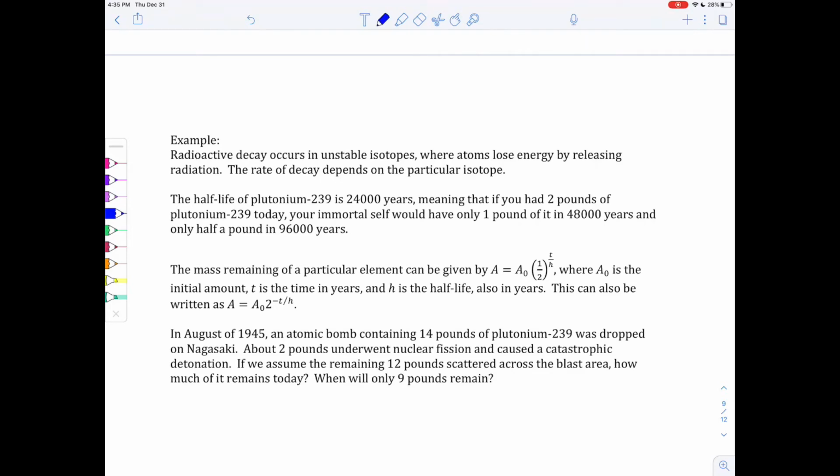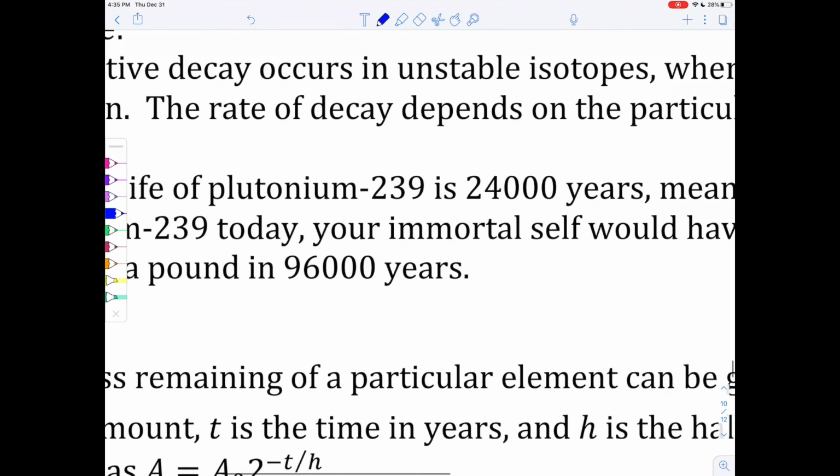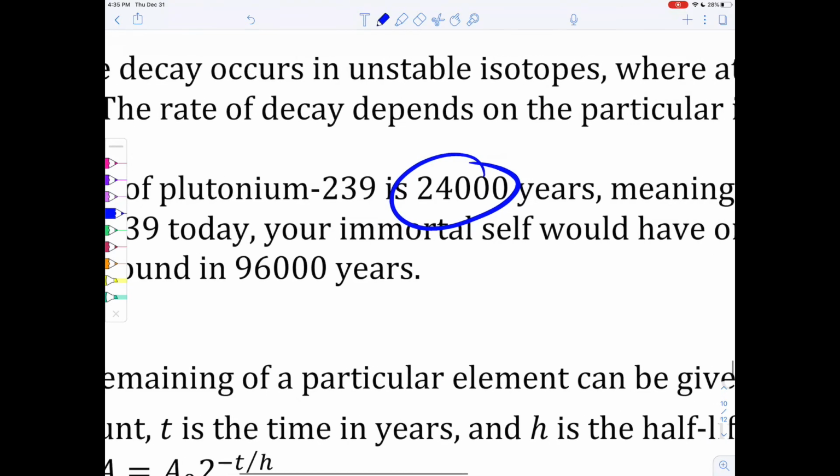So plutonium-239 has a half-life of 24,000 years. So if you've got like some mass of plutonium-239, after 24,000 years, you're only going to have half of that. And then after another 24,000 years, you have half of that amount.